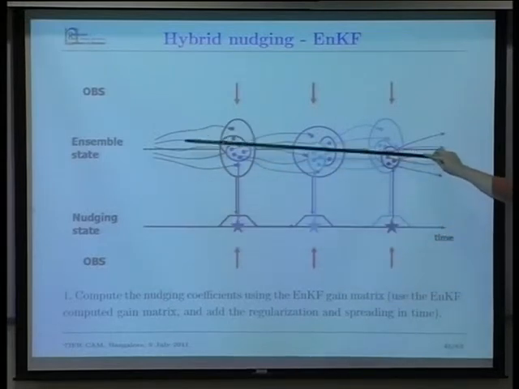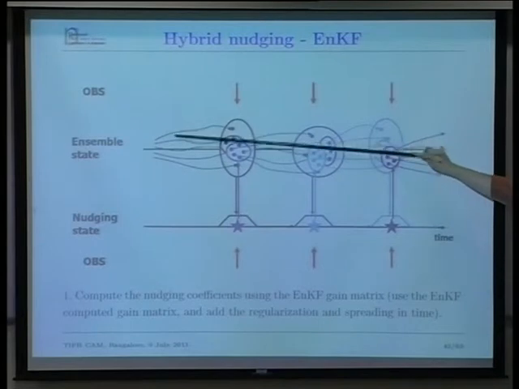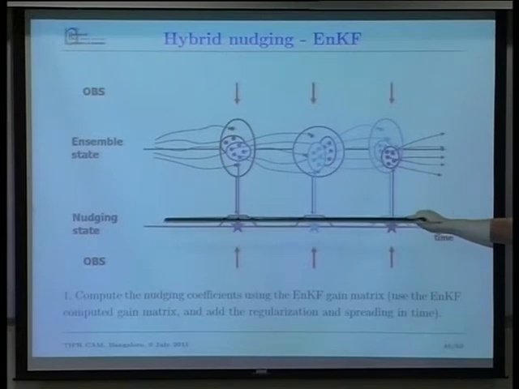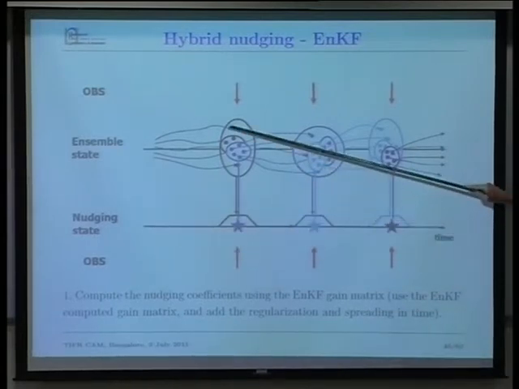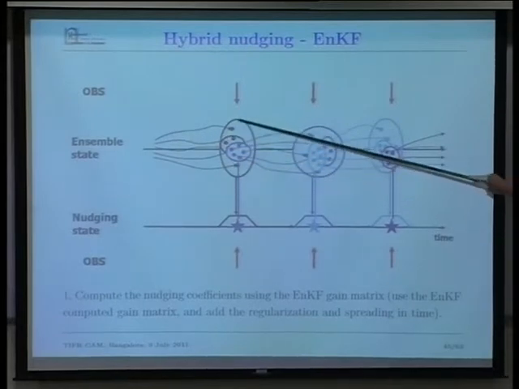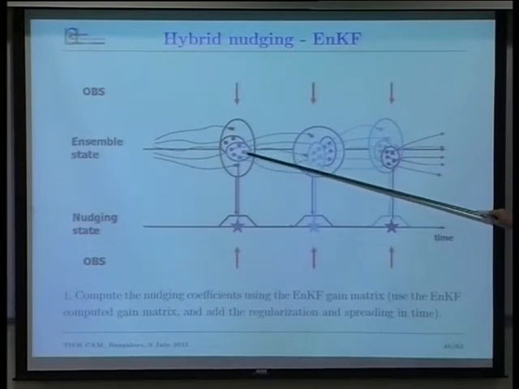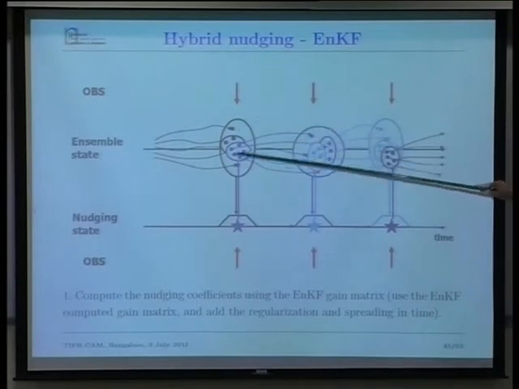So here is the idea. You have the ensemble states here, so you have many solutions. You have 5 here, for instance, and you also have the nudging state. So you assume that the black step here has been done, so you have all the forecasts of the ensemble. You have computed the ensemble Kalman gain matrix. So you have done this step in the ensemble Kalman filter.